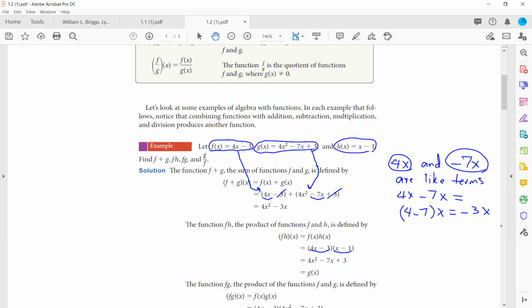Very well. Here you have 4x minus 3 times x minus 1. You can use distribution or the FOIL method.